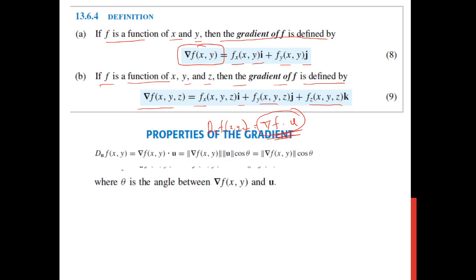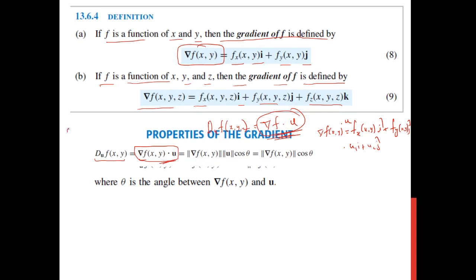Before going to the properties, the directional derivative Du f(x, y) in two variables is del f(x, y) dot u, that is fx(x, y) i plus fy(x, y) j dotted with u1 i plus u2 j.